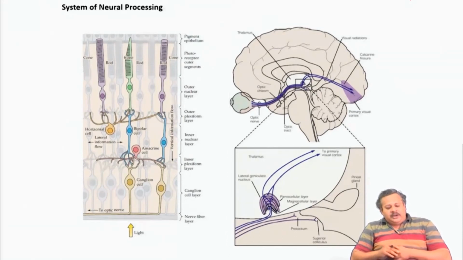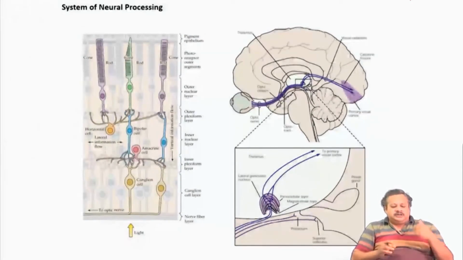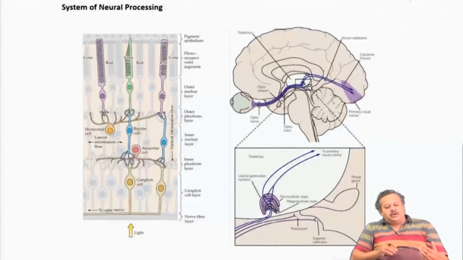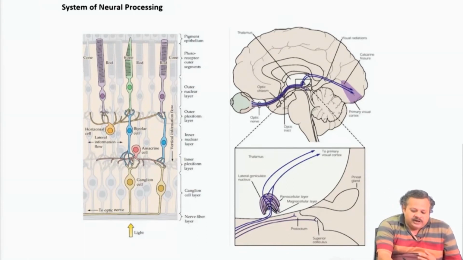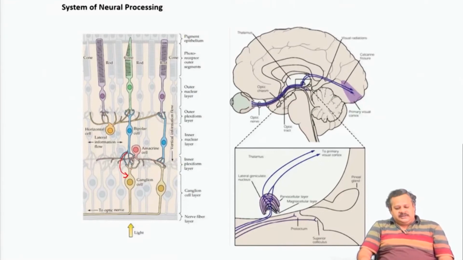And then subsequently the bipolar cells provide inputs into the ganglion cells, inputs in the sense that the membrane potential changes from the rods or cones to the bipolar cell produce further changes in the membrane potential of the bipolar cells, and then those membrane potential changes finally get transmitted onto the retinal ganglion cells.